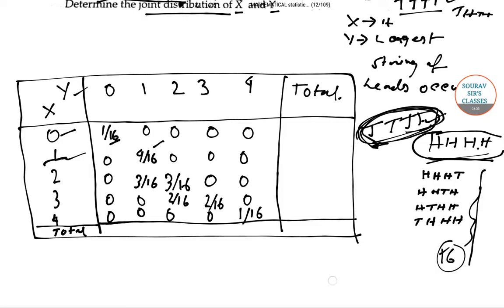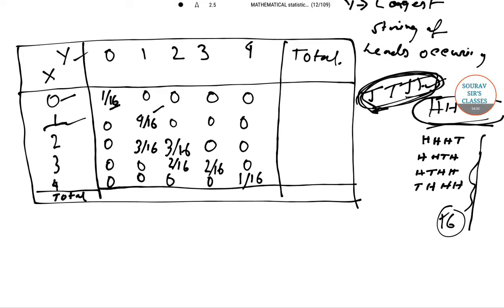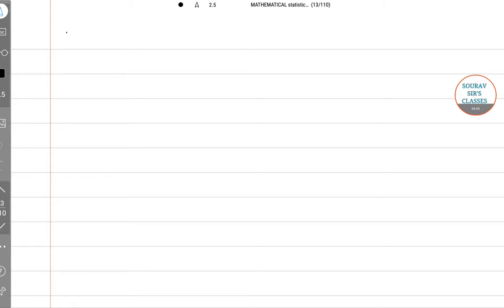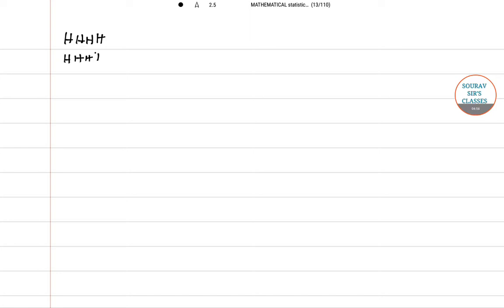Now for your better understanding, I will take another page so that I can actually show you the values. After 4 tosses, we can have 4 heads. We can have head, head, head, tail. We can have head, head, tail, head. We can have head, tail, head, head. We can have tail, head, head, head.